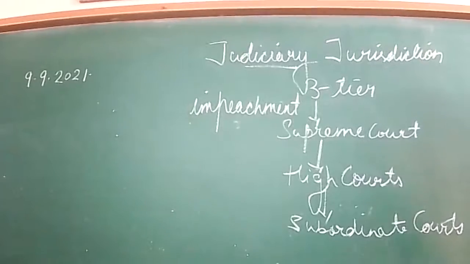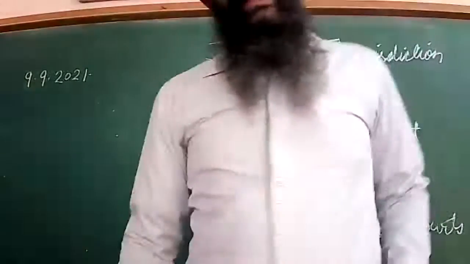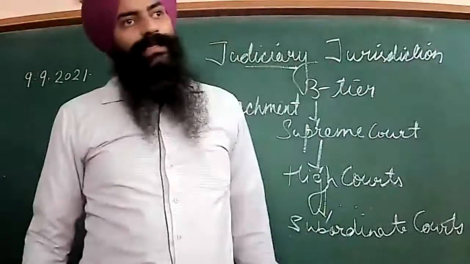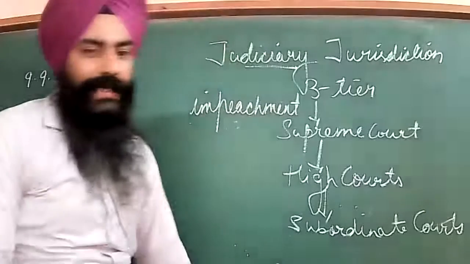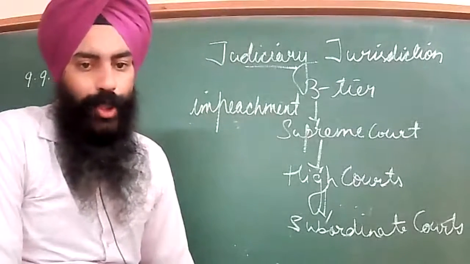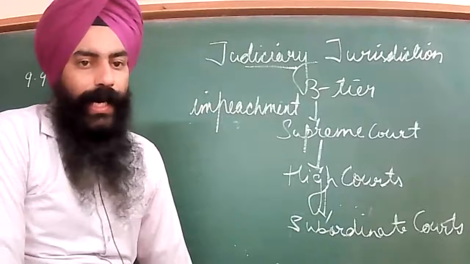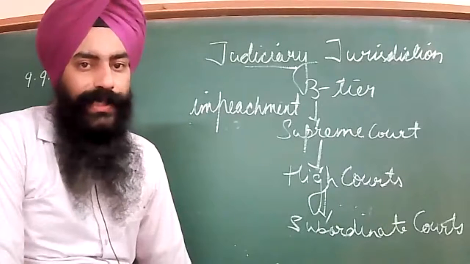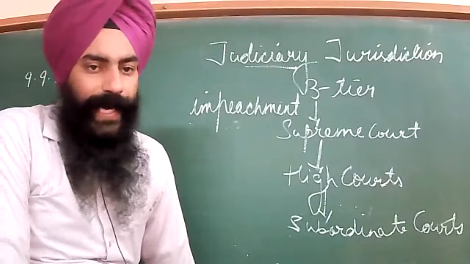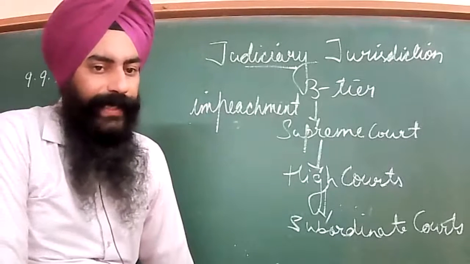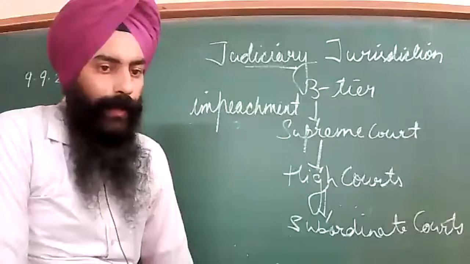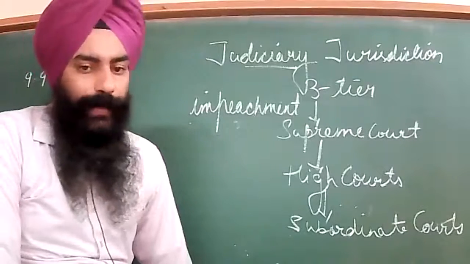I-M-P-E-A-C-H-M-E-N-T. Impeachment. If the Chief Justice of India considers that the President has not worked according to the Constitution, under such circumstances a joint session of the Lok Sabha and Rajya Sabha will be called by the Speaker of the Lok Sabha.